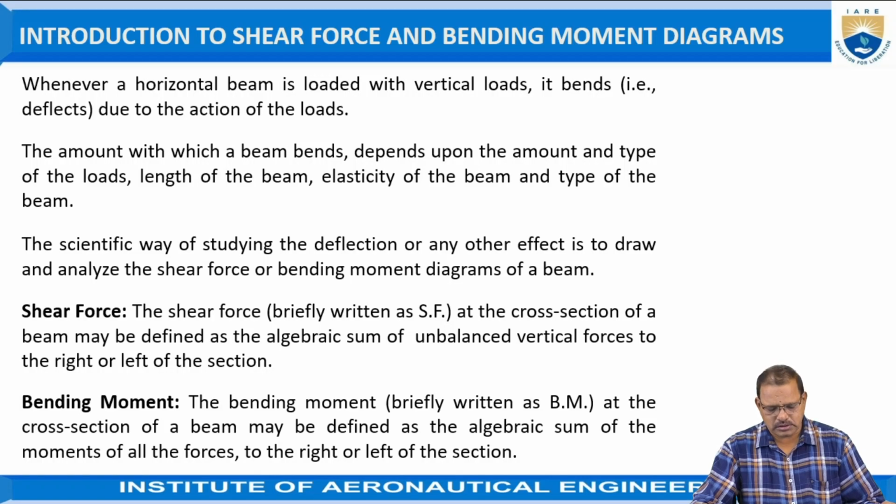Bending moment. The bending moment at any cross section of the beam is defined as the algebraic sum of the moments created by the forces to the right or left of the cross section.